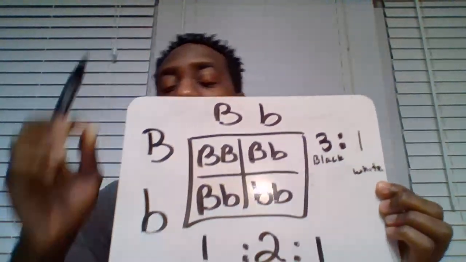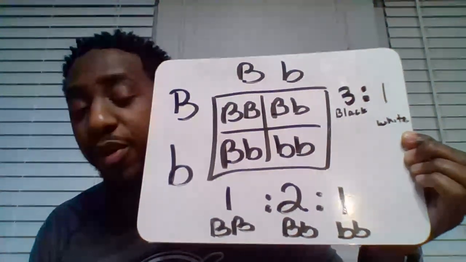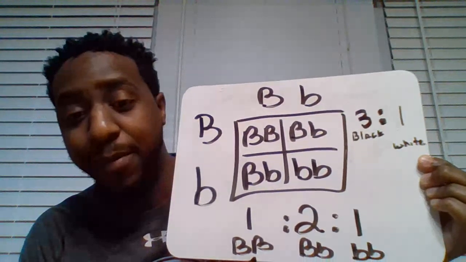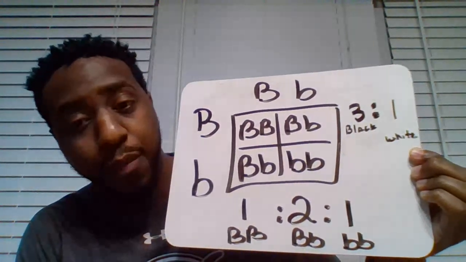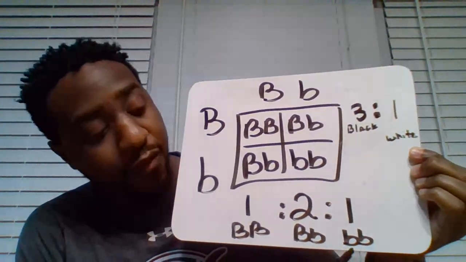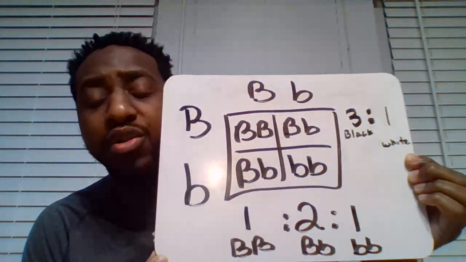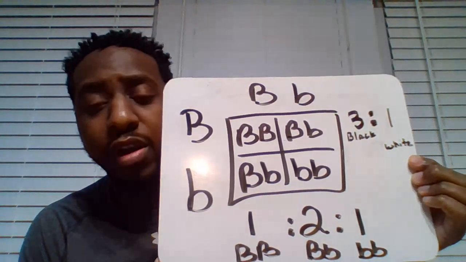Now, as I take a look at my genotypic ratio, I have 1 being homozygous dominant, I have 2 being heterozygous, and I have 1 being homozygous recessive, giving you a ratio of 1 to 2 to 1.